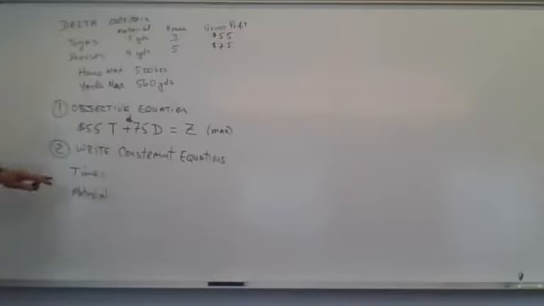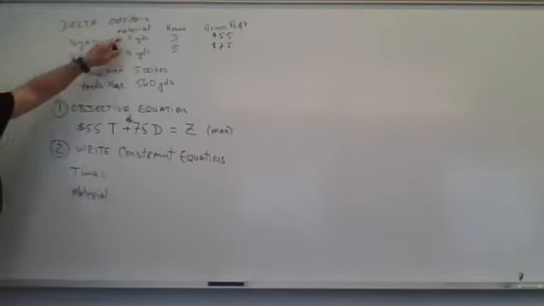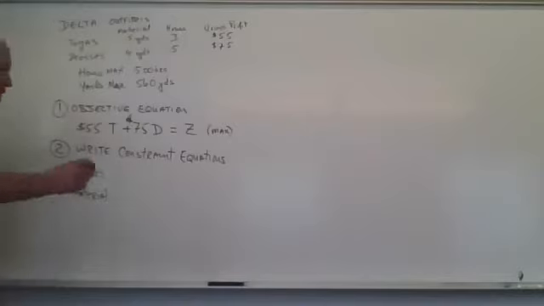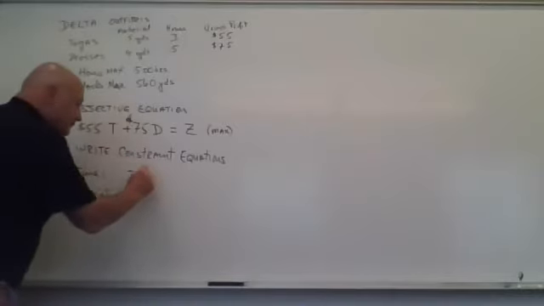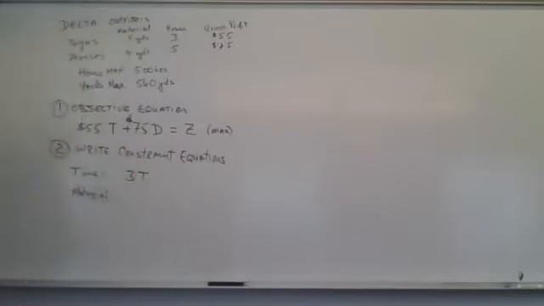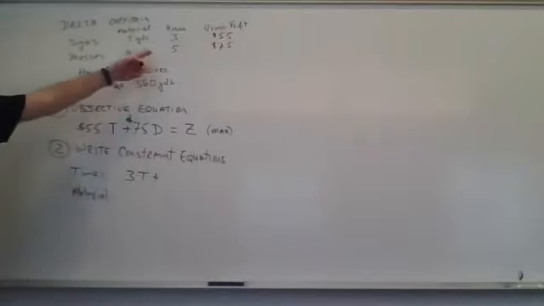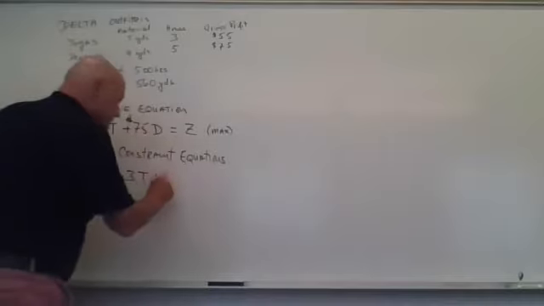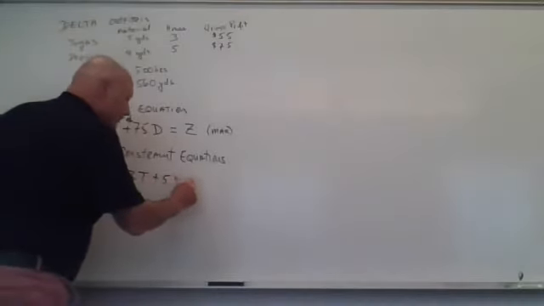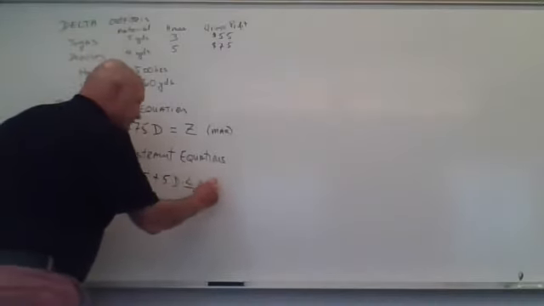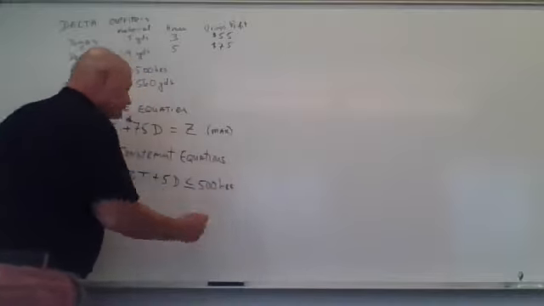So the time constraint is written like this. Togas take 3 hours, so 3 hours for each toga plus 5 hours for each dress cannot exceed 500 hours.